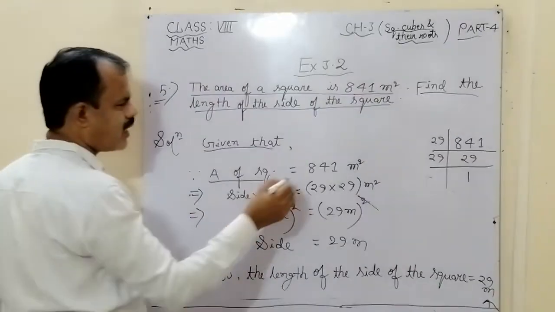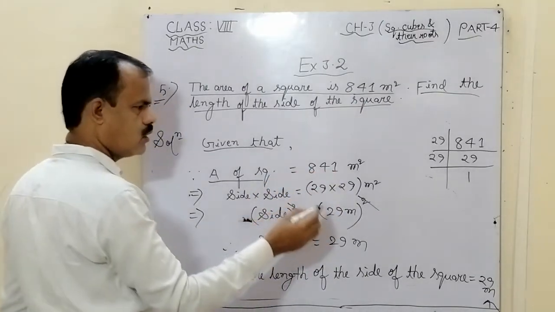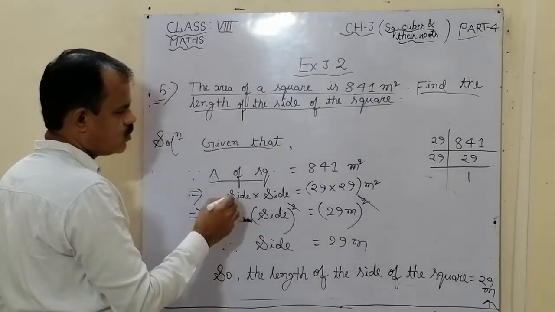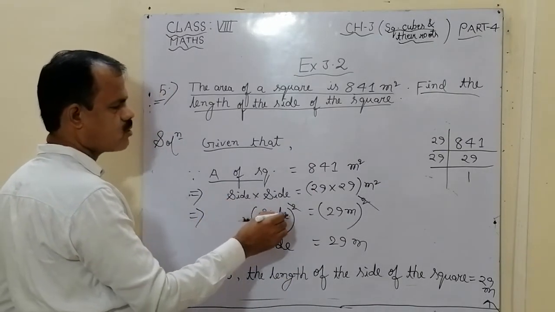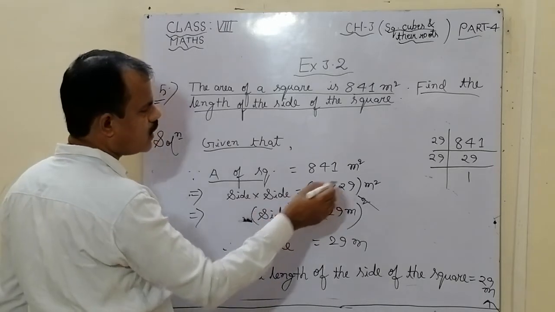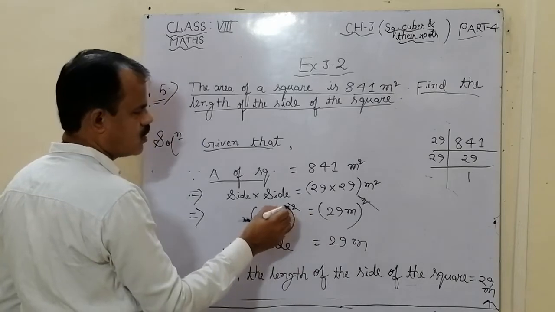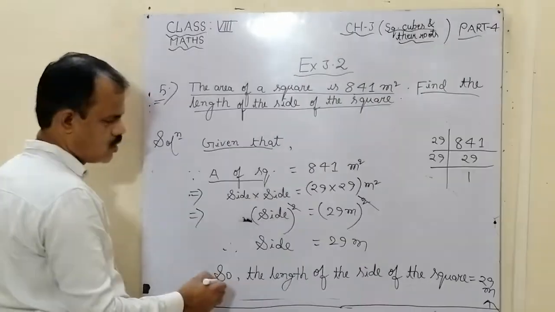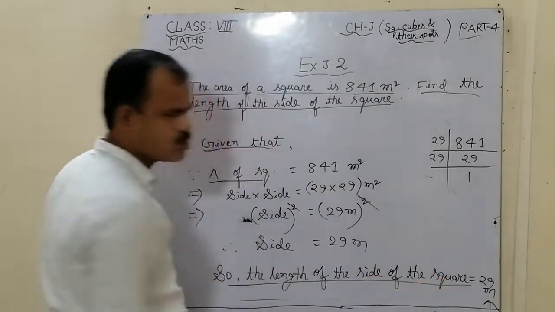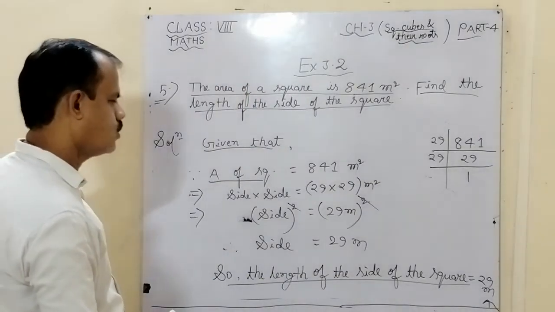So we can write 841 equal to 29 into 29 meter square. Side square equal to 29 into 29 meter square. Square root, side equal to 29 meter. So the length of the side of the square is 29 meter.